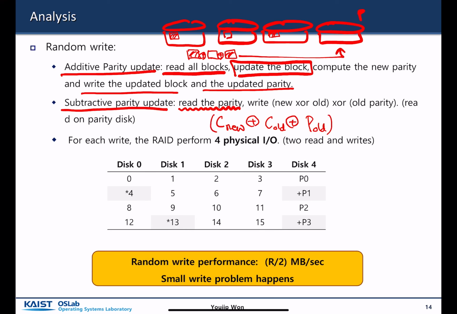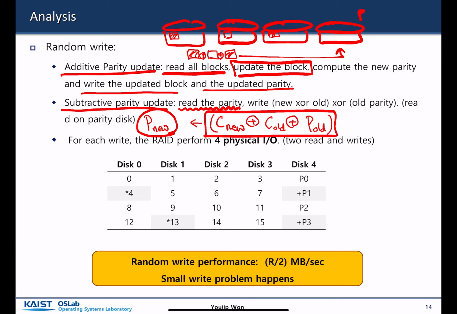So the new parity is computed as the exclusive OR of all these, and it becomes the new parity. Using subtractive parity update, you do not have to read all the blocks in the stripe to update the parity. This looks like a pretty reasonable approach, because instead of reading all the disks that participate in the stripe, it updates only the new blocks and a new parity. So that's a good approach.